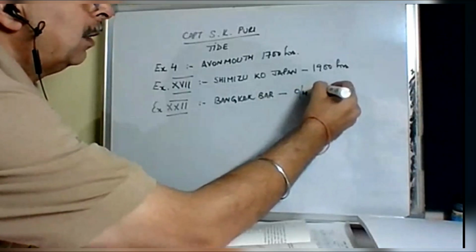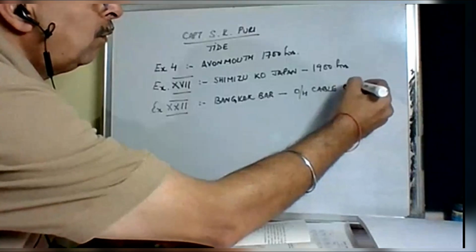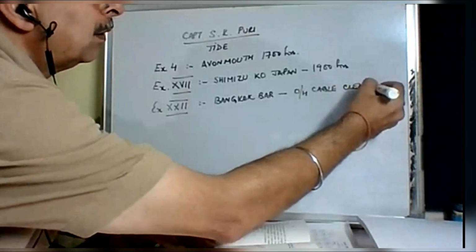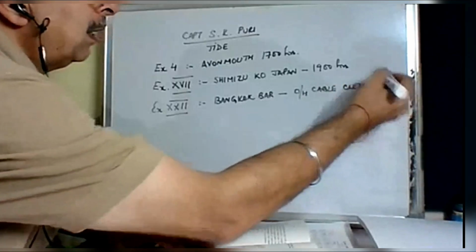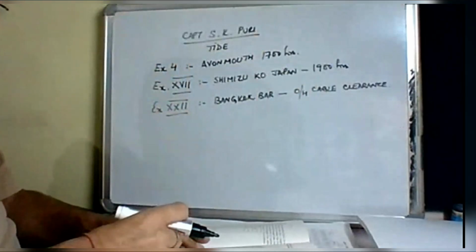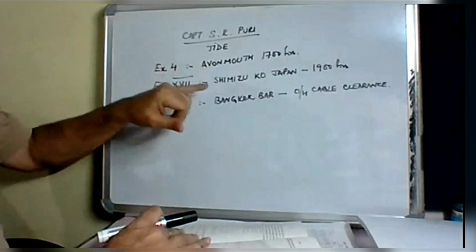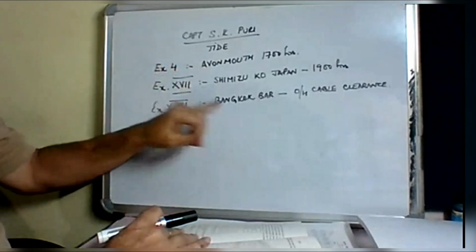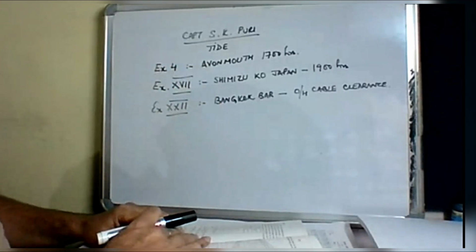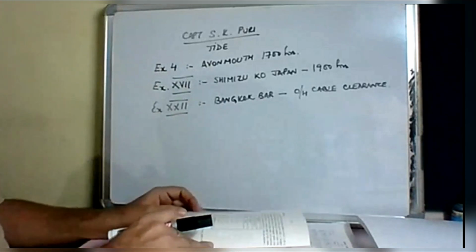Overhead cable clearance. What clearance to pass under. So this is all about that. I just want you to do these 3 questions, please. Avonmouth, Shimizuko, and Bangkok Bar. So please do these 3 questions.